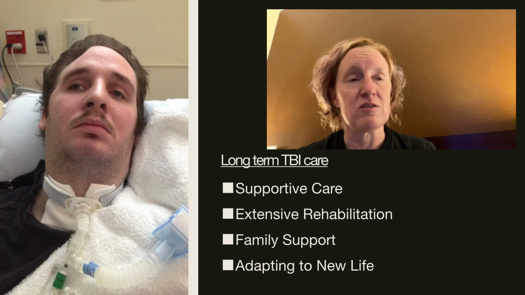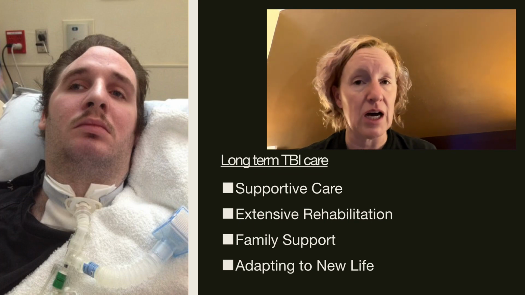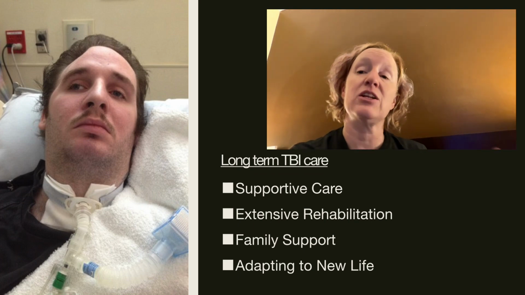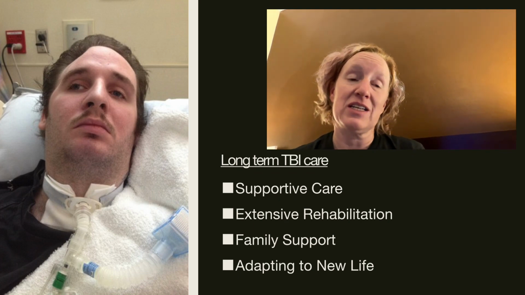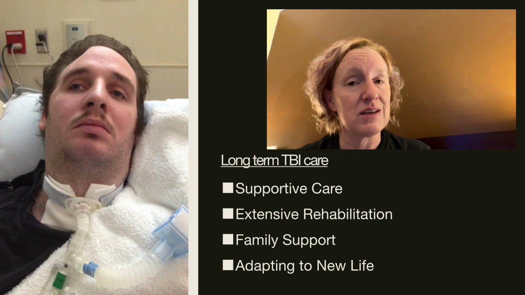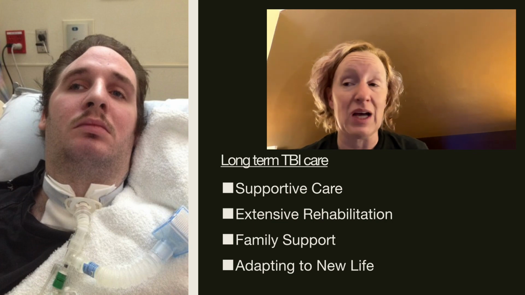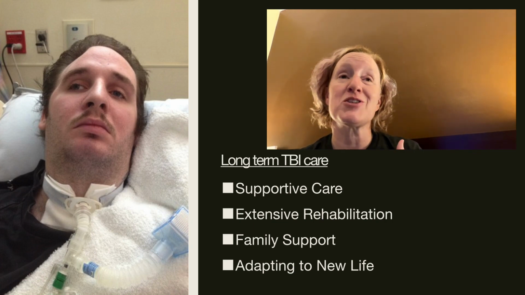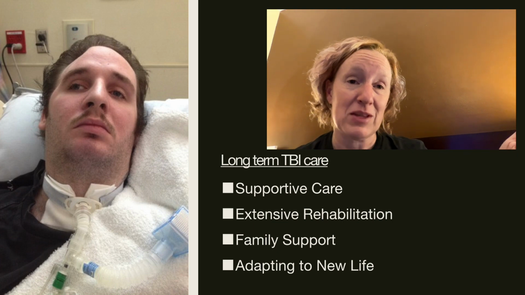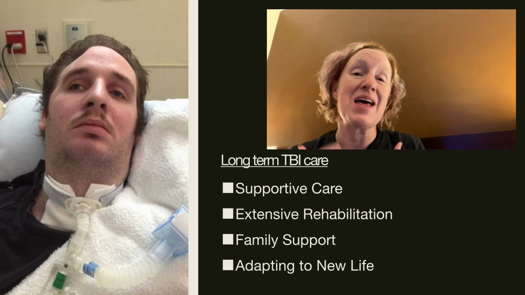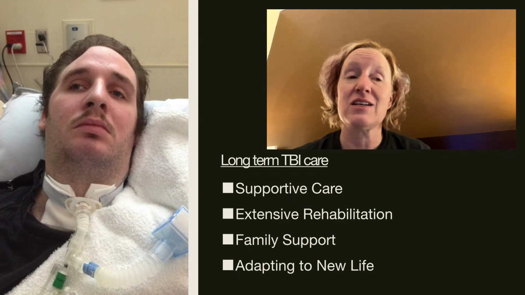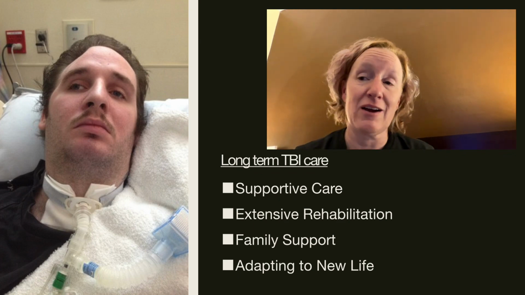So big family support. They just need a ton, because their loved one, as they knew them, is no longer there, and so they are going to need that support, and then they're going to need to adjust to adapting to that new life. If that person was the main breadwinner of the family, they may not be able to be the breadwinner anymore, right? So that gets really challenging, and it becomes family care.